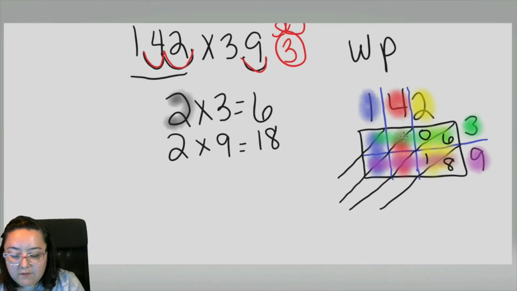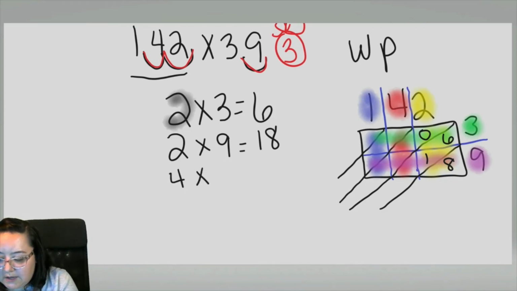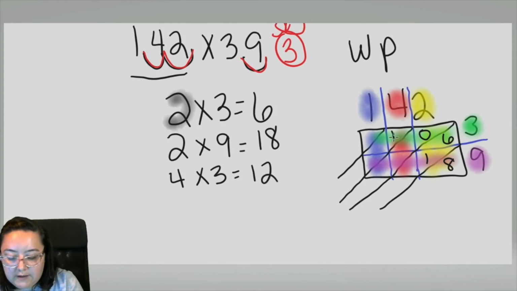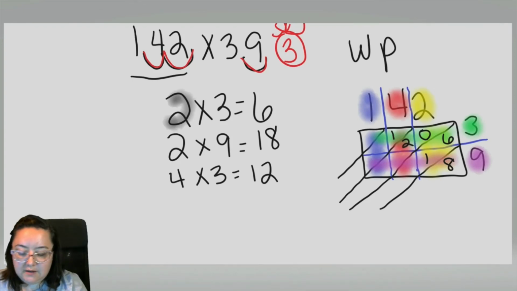We move over to the next group. I have red mixed with green. My red number times my green number, 4 times 3. 4 times 3 is 12. 1 in the tens place, 2 in the ones place. Down below that, I have red and purple.